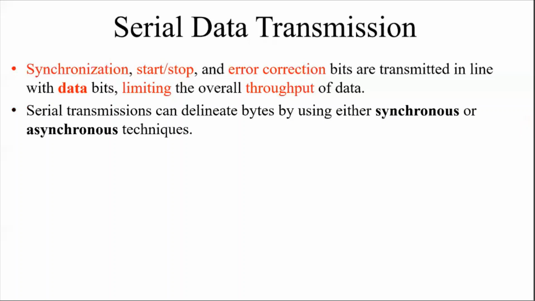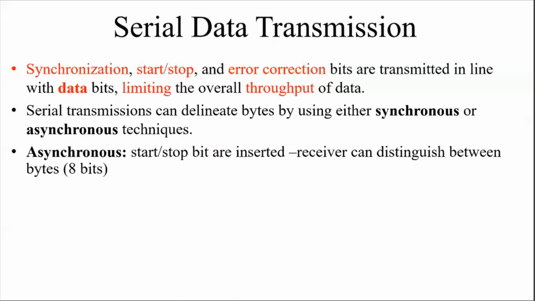When serial data is transmitted over the transmission medium, it uses either the synchronous or the asynchronous technique. In asynchronous transmission, it uses special bits, that is the start or stop bit.